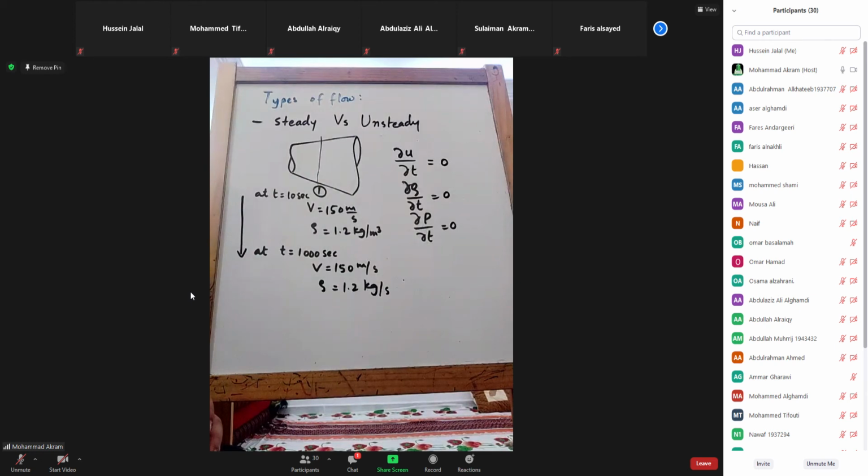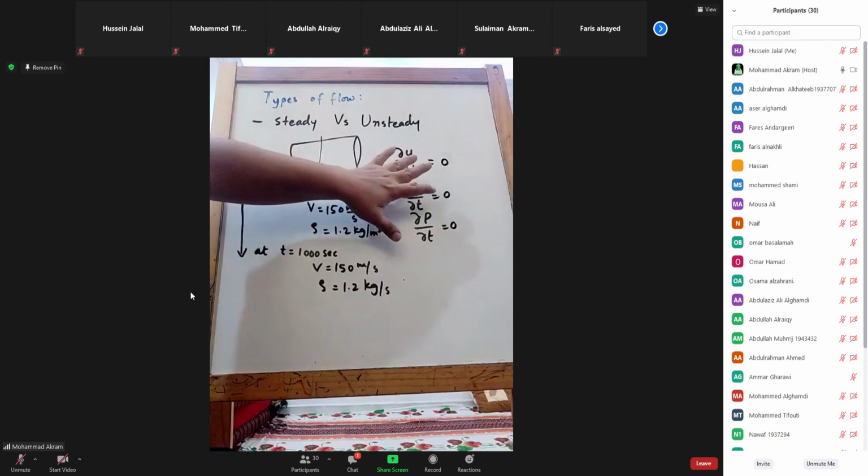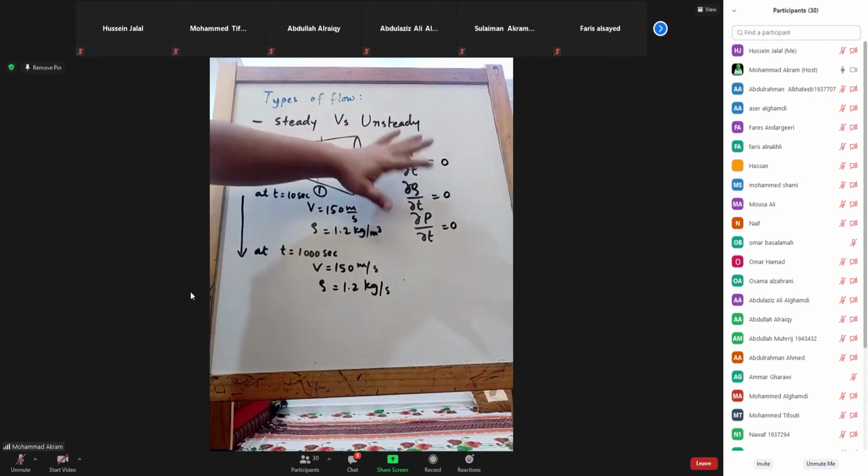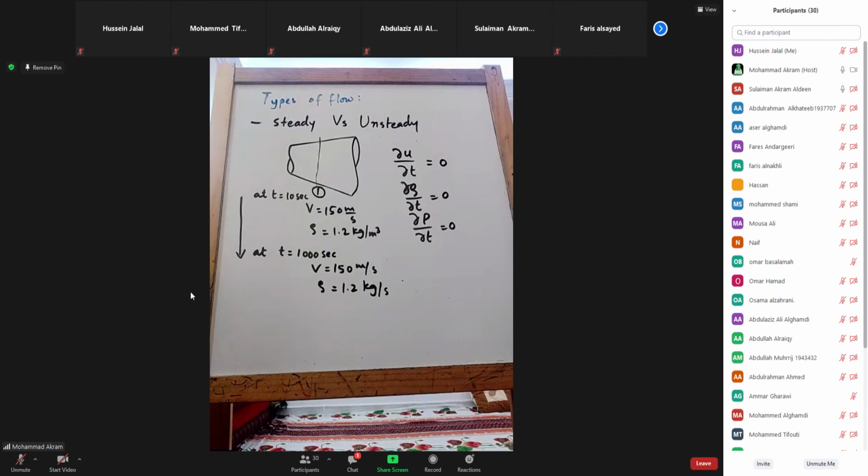At one location, any location you choose, if the properties are changing with time, then it is unsteady. If not changing, then steady. Is that clear? Yes, doctor.